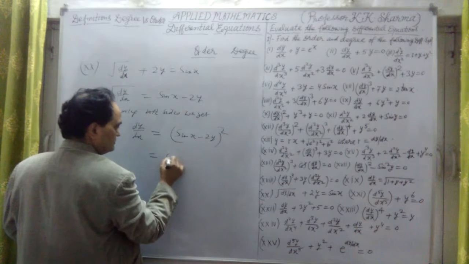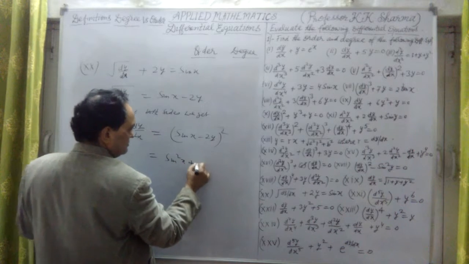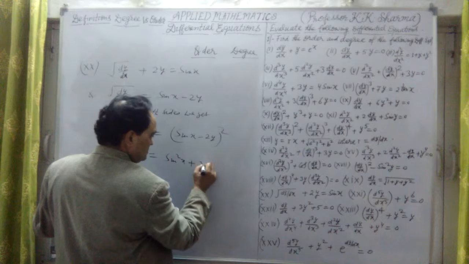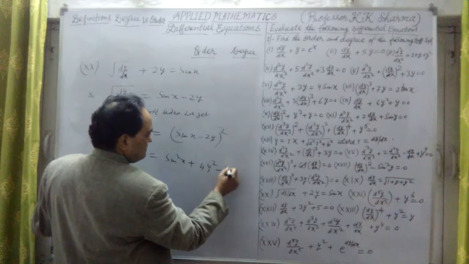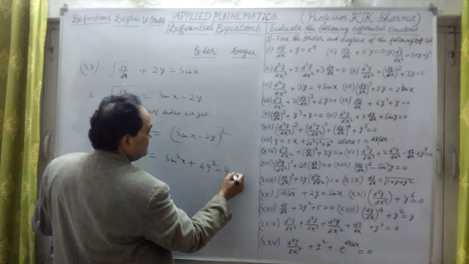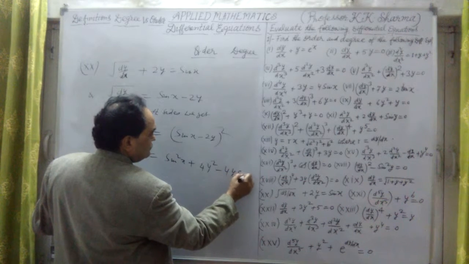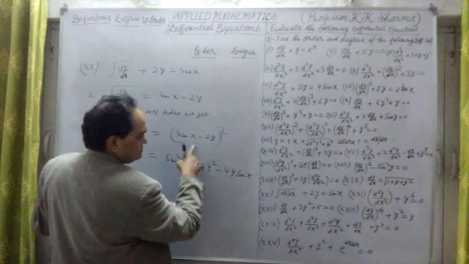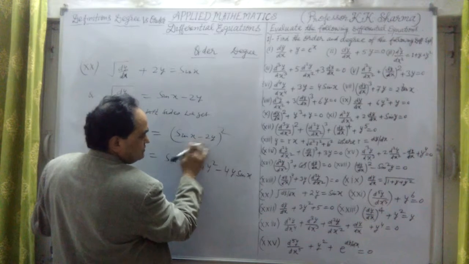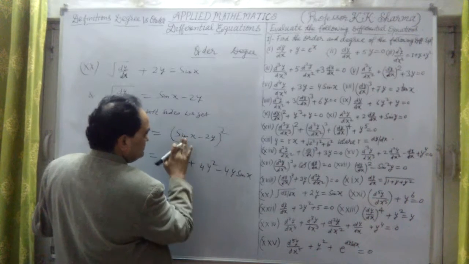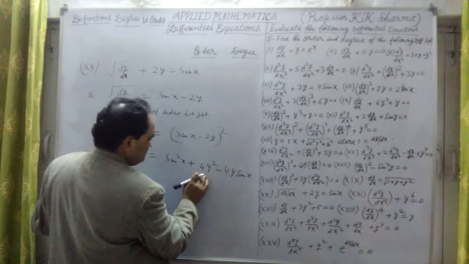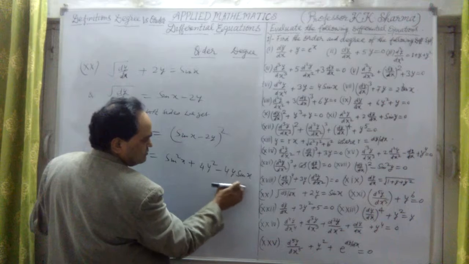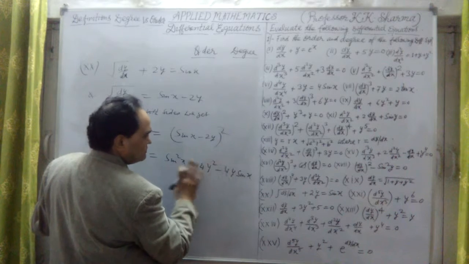Now if I open this, it is sin square x plus 4y square minus 4y sin x. This is twice a into b; I have taken a square plus b square, and this middle term must come in here. Sin square x minus 4y sin x plus 4y square, undoubtedly.